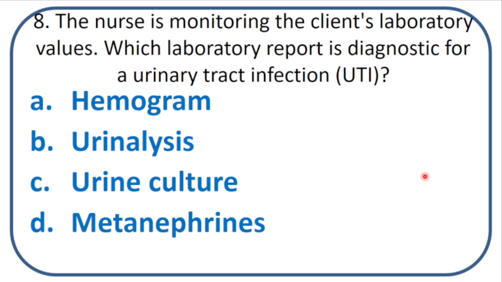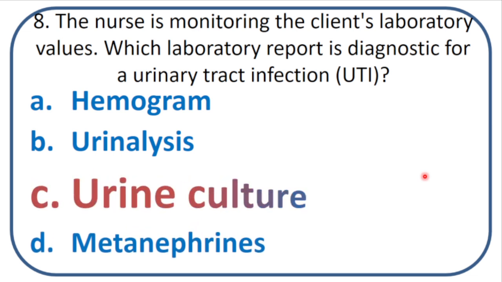The specific diagnostic investigation is urine culture. Urine culture is specifically for diagnosing urinary tract infection. If urine culture is positive, there is a presence of microorganisms, which indicates urinary tract infection. If it is negative, there is an absence of microorganisms, so there is no urinary tract infection.